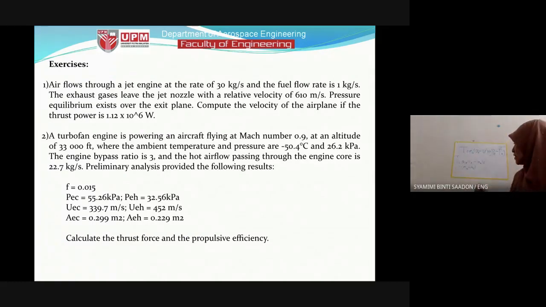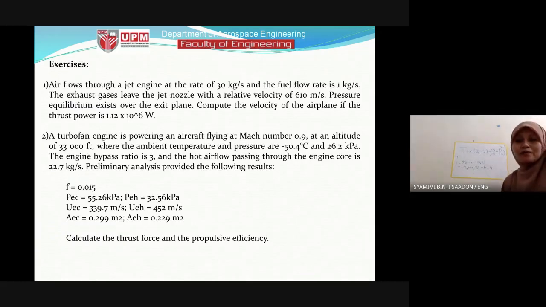So T equals (MA plus MF) times UE, minus MA times U. We cannot neglect MF here because it is given as 1 kilogram per second. So we write it like this.